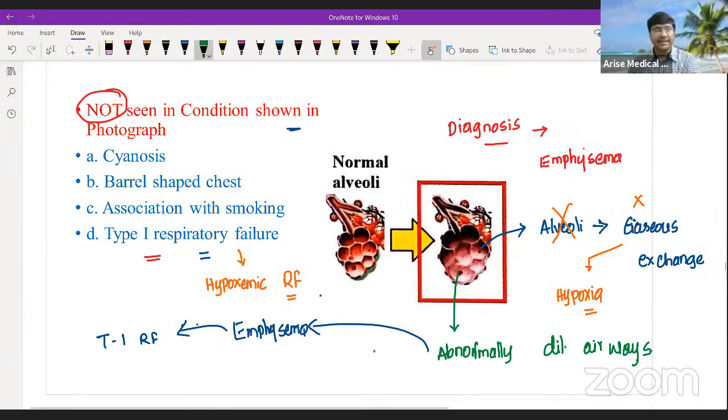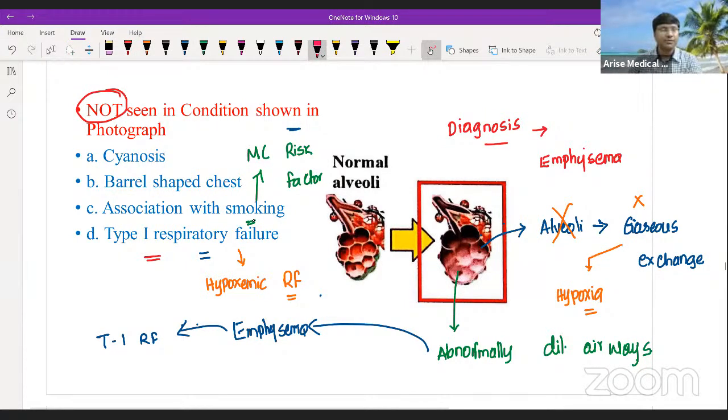And in emphysema, what is the most common risk factor? The most common risk factor is smoking. Now, tell me a point here.